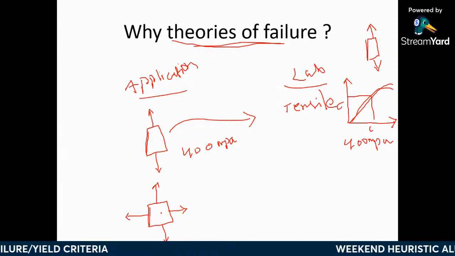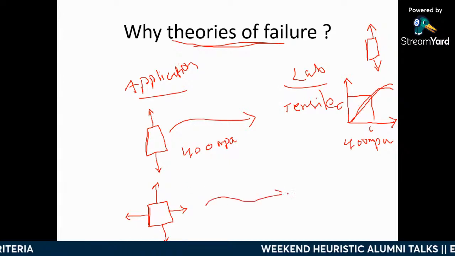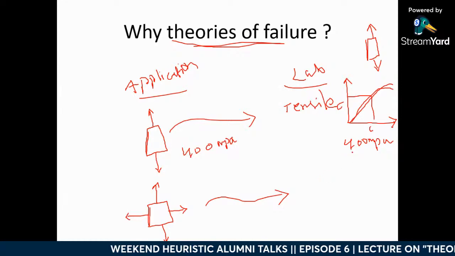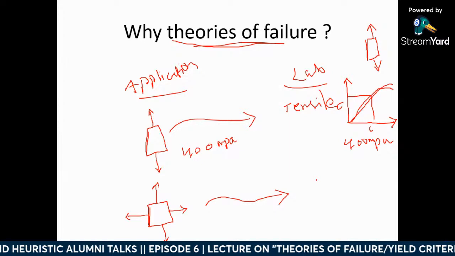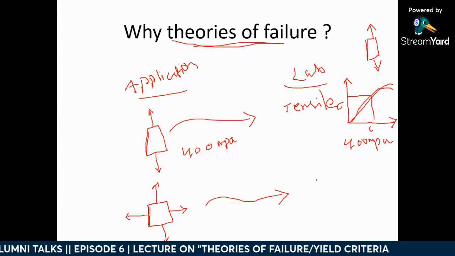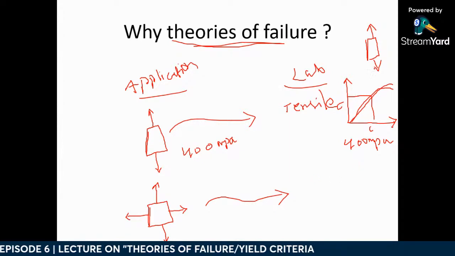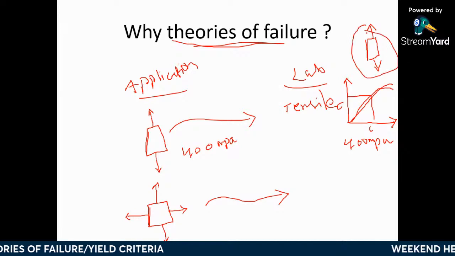He has come to your lab and asked for the safe limit. So what will you suggest? Will you do the same uniaxial tensile test? Obviously, in your laboratory you will have only a uniaxial tensile test.